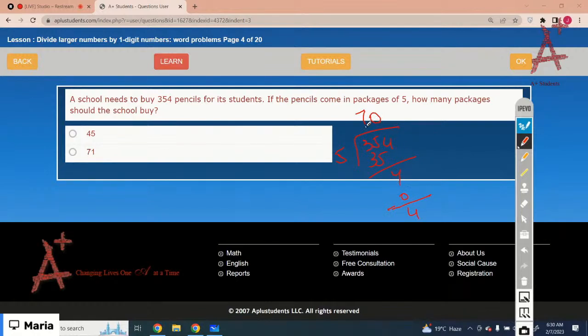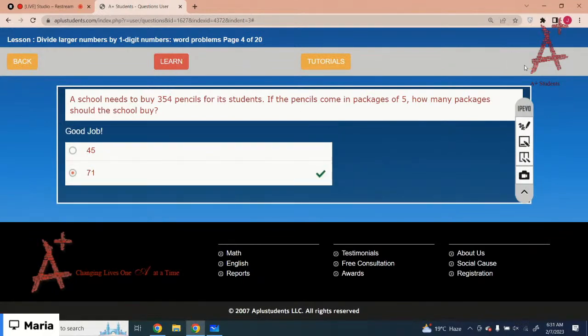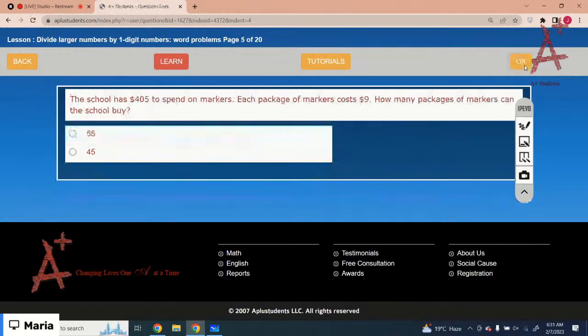That means the total is 70 packages, but you have to buy 4 more pencils. So 70 plus 1, that means they can buy 71 packages. Got it? So the correct option is 71. Just select the correct option, then click on the OK button. Okay, you can complete the test by yourself later today. Let me just move on to the next lesson.